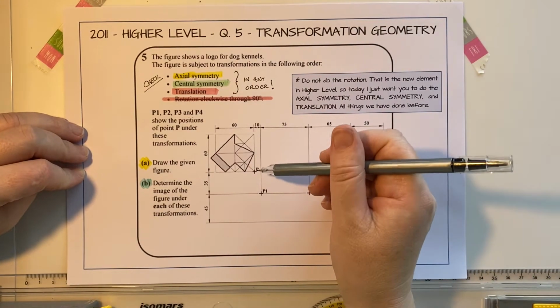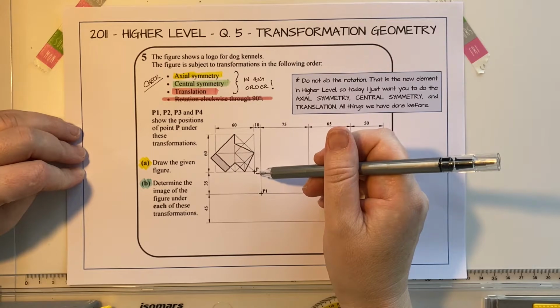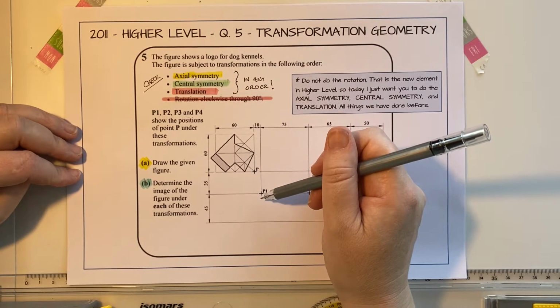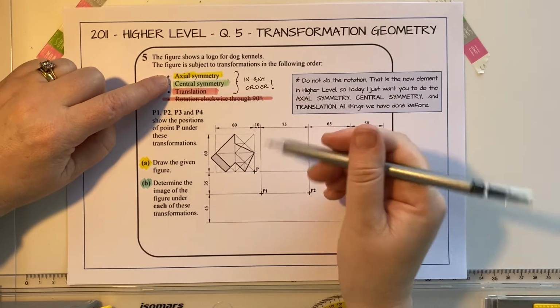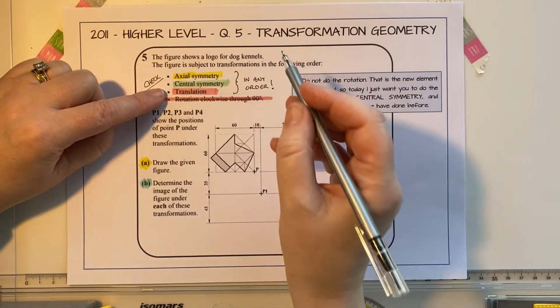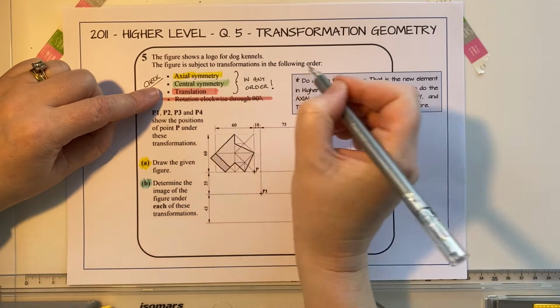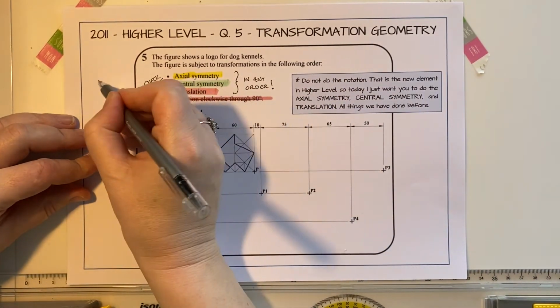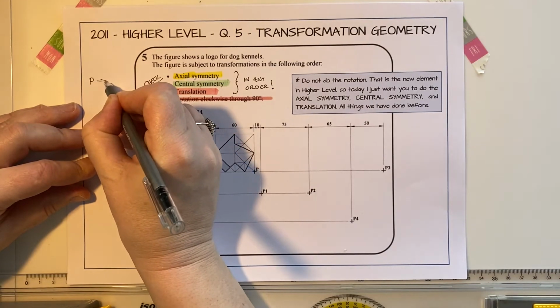All right, so what do we know so far? We know that P is going to move to P1 under an axial symmetry. So the axial symmetry is, and actually I probably should have written it there. Look, we'll mark it in. Axial symmetry is P to P1.